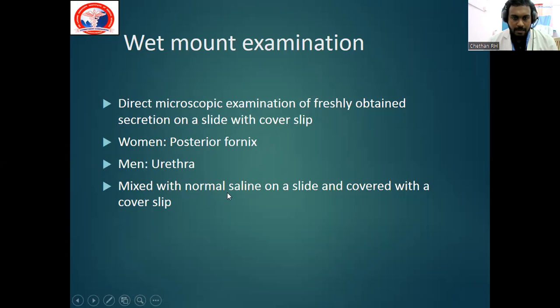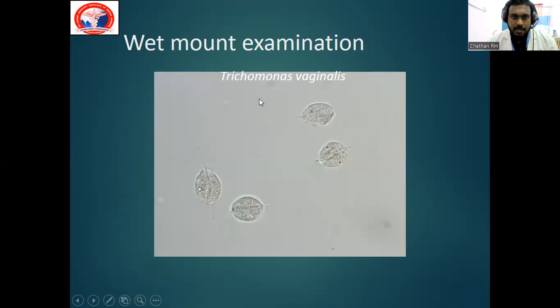The discharge is mixed with normal saline on the slide and covered with a cover slip. What we are trying to diagnose is trichomoniasis, which is caused by the parasite Trichomonas vaginalis.